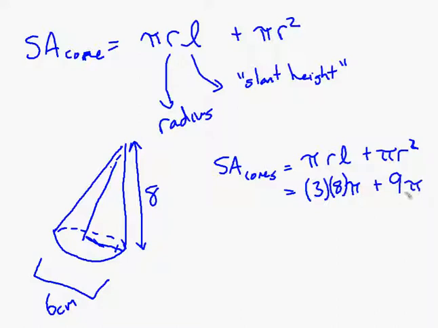And then we have 9 pi. So then we have 24 pi plus 9 pi, which is 33 pi. And that's going to be centimeters squared. And that's the surface area. So as long as you can memorize this formula, that's going to be fairly simple to do.